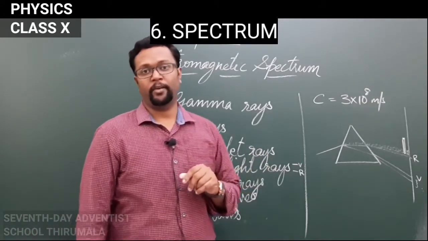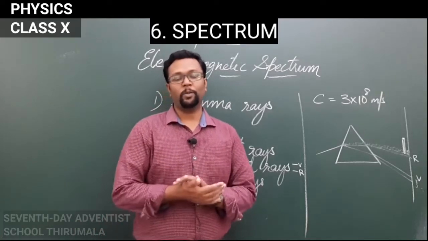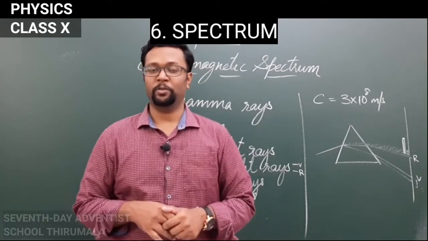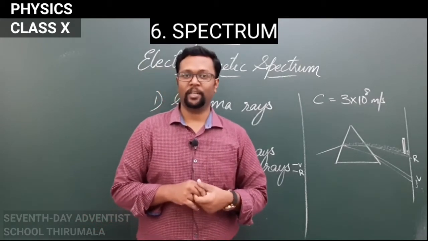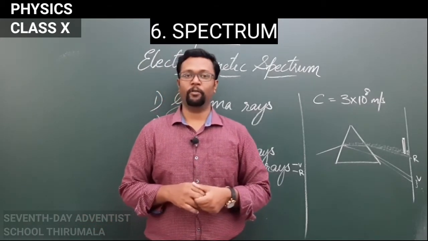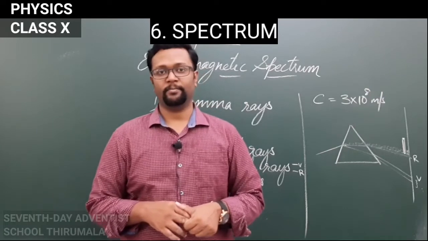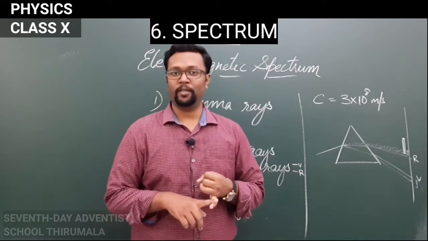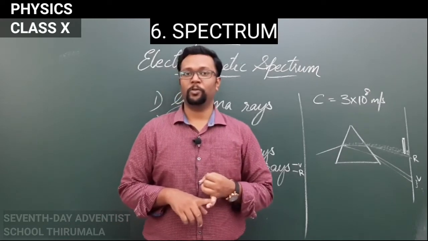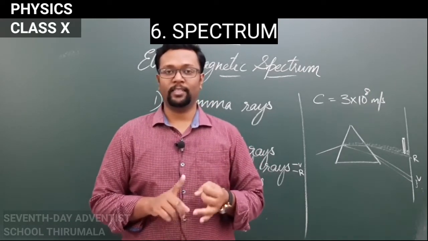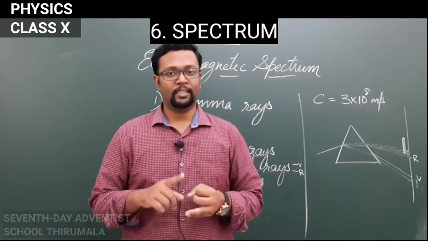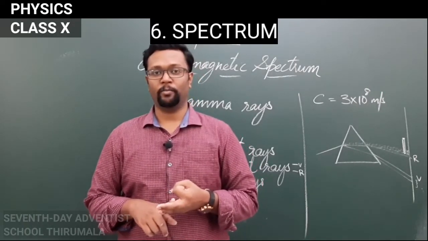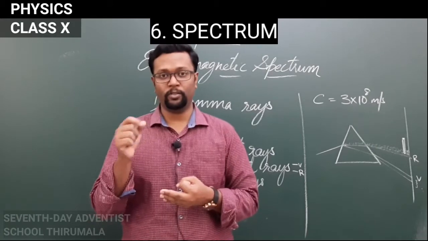Uses of ultraviolet radiations. Ultraviolet radiations have the capacity to destroy bacteria. So ultraviolet radiations are used in the medical field for disinfection. Ultraviolet radiations have the property of causing fluorescence, which helps us to create authentic documents. Ultraviolet radiations help us to detect fake documents or fake signatures or forged signatures.